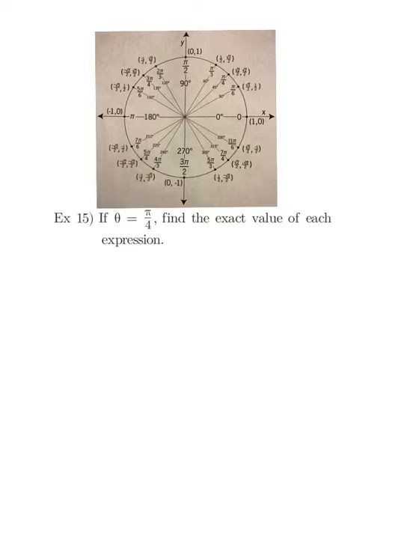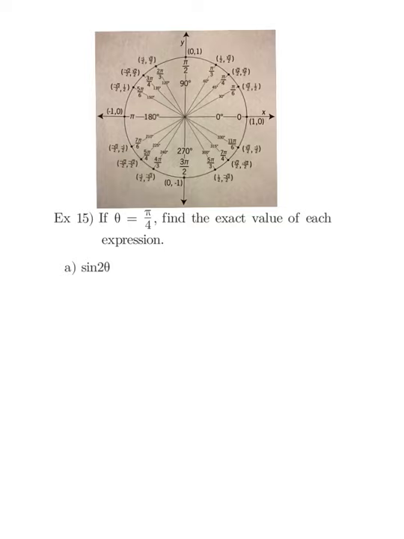On example 15, we are told that the theta we want to work with is pi over 4. And then we are asked to find the exact value for each expression. The first example is sine of 2 theta. What you are going to do on these problems is put the value that you were told in where the theta is.